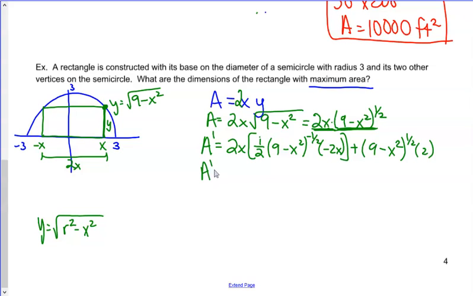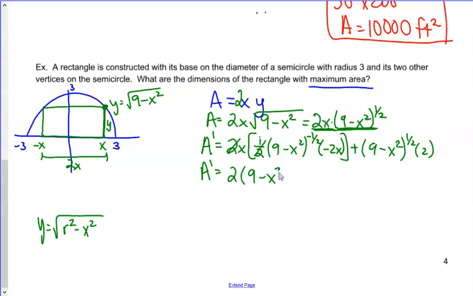Now here comes the fun part where you're factoring things out. Now notice here that I actually have a 1/2 and a 2 that can cancel themselves out, or a 1/2 and a 2 to cancel themselves out. Now, each of them have a 2 remaining, so I'm going to take that out. And each of them have this expression of 9 minus x squared, but they have different powers. So recall, we want to take the smallest power out.